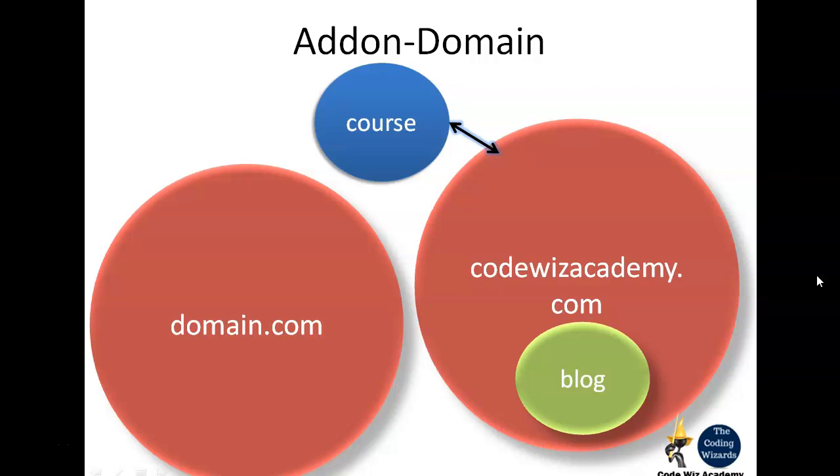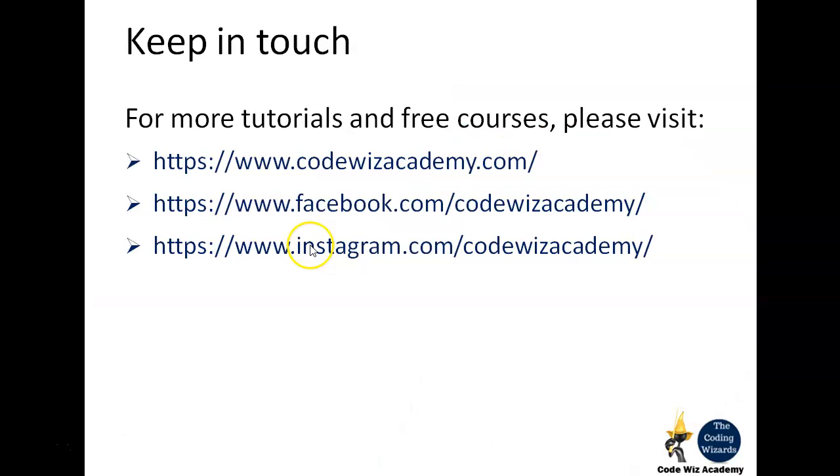How many domains are allowed? That depends on the hosting plan that you have chosen. Now this add-on domain can have its independent subfolder or a subdomain depending on the requirement, if this add-on domain would require any. So that was about the domain name, subdomain, add-on domain, and a subfolder.